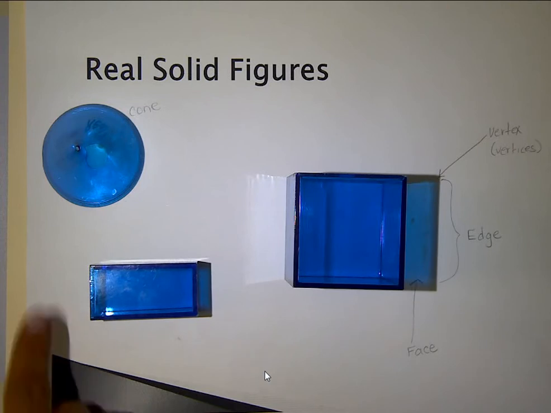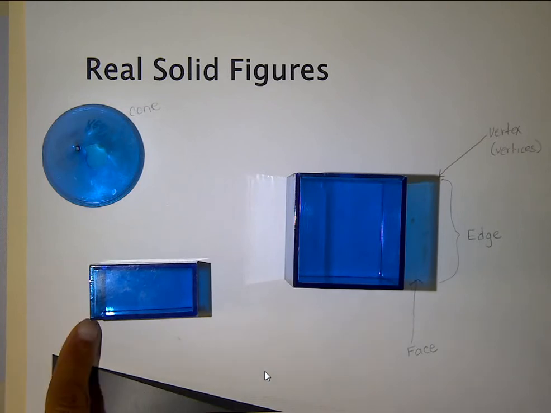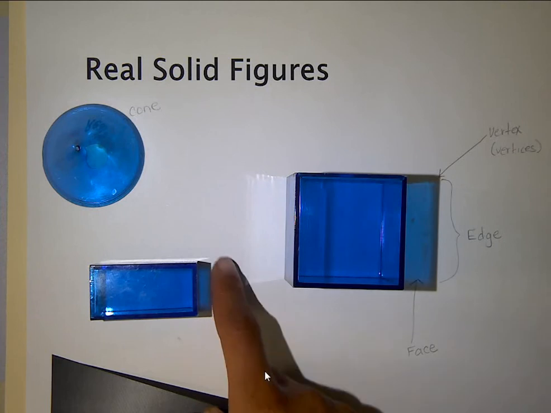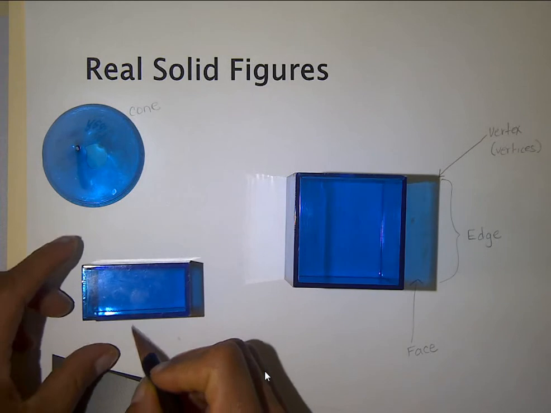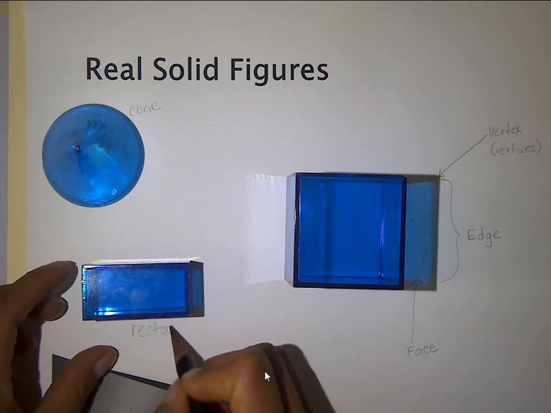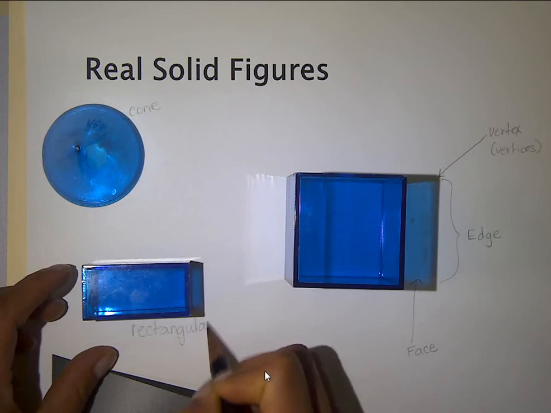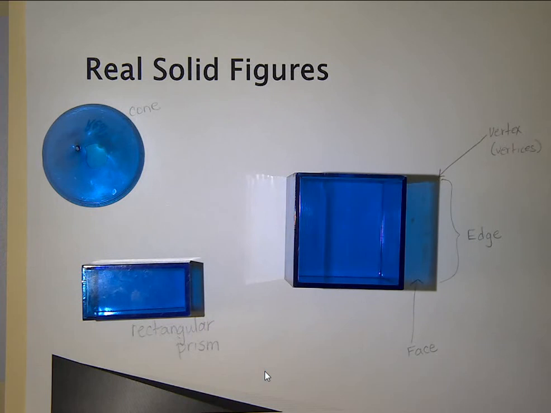There are 4 more on the bottom edge. So this is a rectangular prism. And those are just a few of the geometric solids. Let's see if we can practice some of those, identifying those.